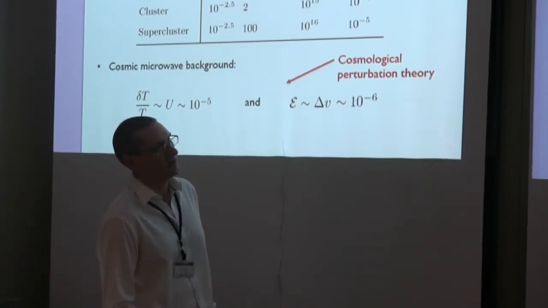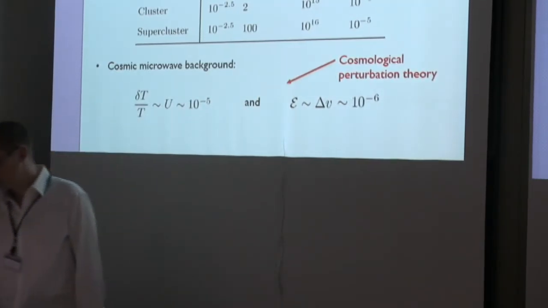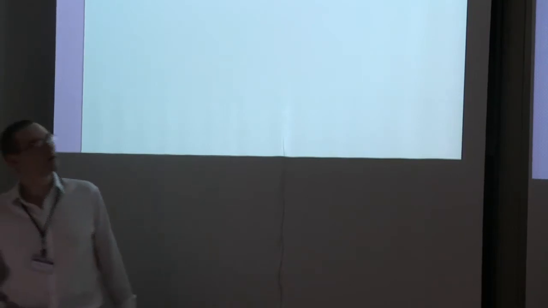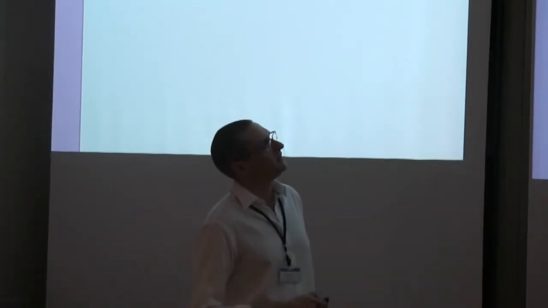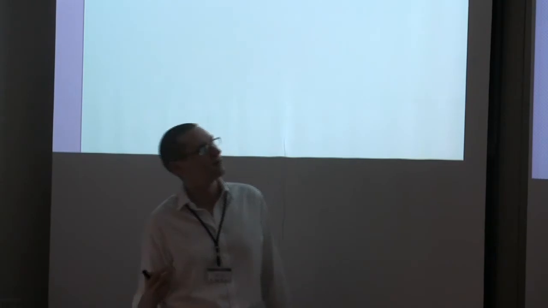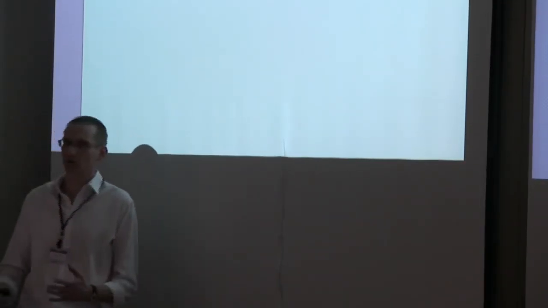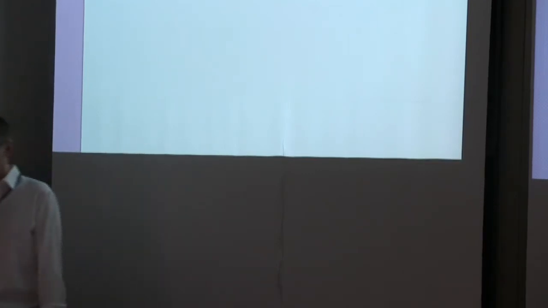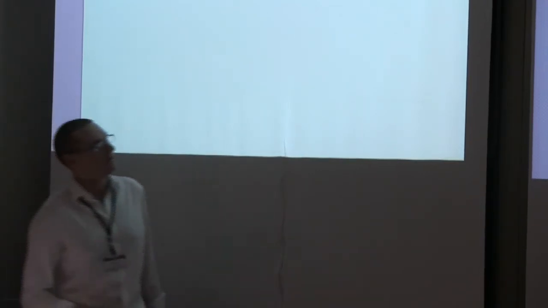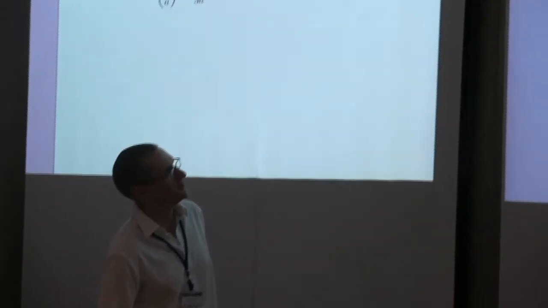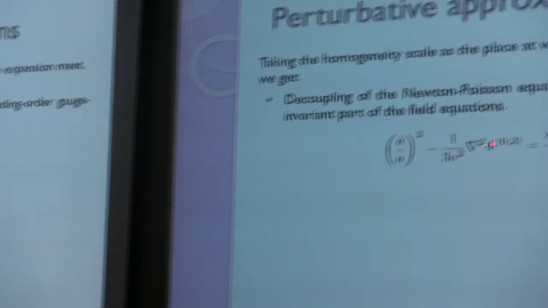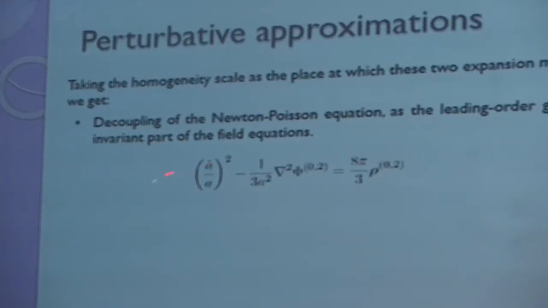So it looks like the real universe really does have these two different sectors that behave in two very different ways. So if we take the homogeneity scale, about 100 megaparsecs or so, as a place where these two expansions meet, then we can construct a global description of both the small and large scales. And the leading order part of the field equations in this case is a mixture of the Newton-Poisson equation and the Friedmann equation.